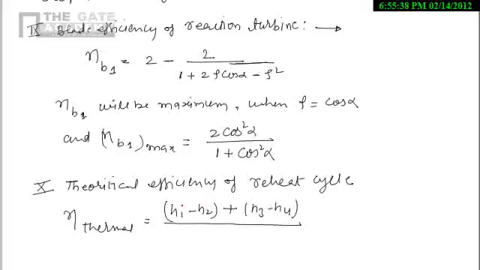Due to reheating we have two work done terms, before reheating, H1 minus H2, and after reheating, H3 minus H4, divided by the heat supplied before and after. That's why we have these two terms. By this way we can easily calculate the efficiency of the reheat cycle. So it was all about steam nozzles and steam turbines.